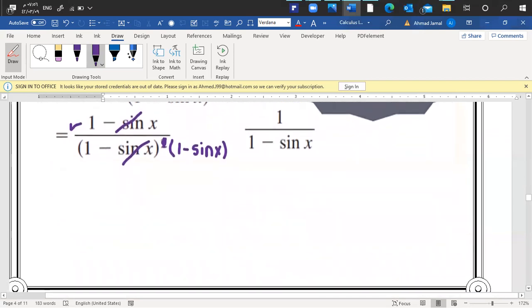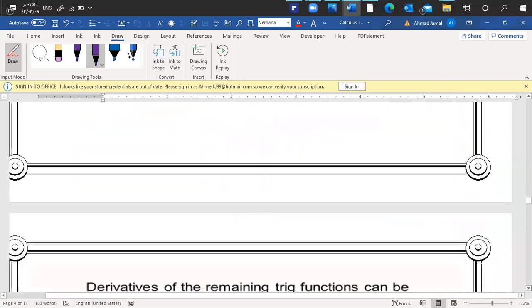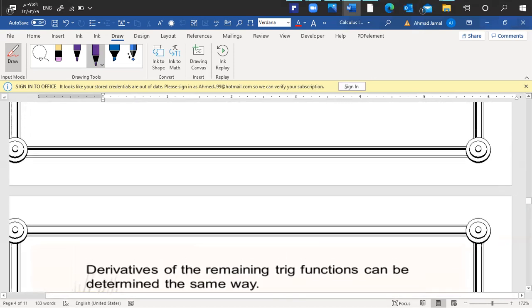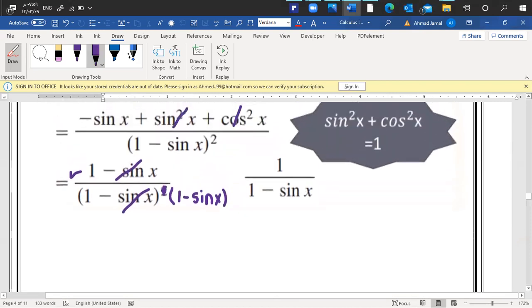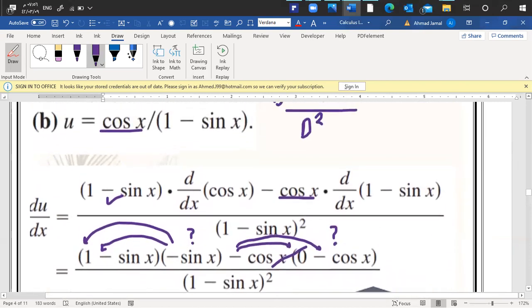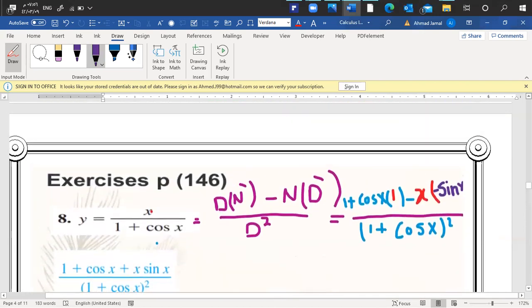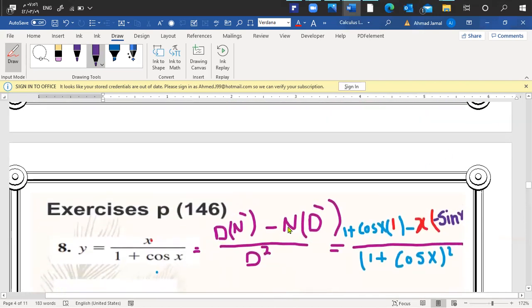So now I finish the first idea in lesson 3.5. What about the idea we studied before? We studied how to find the derivative: sine will be cosine and cosine will be negative sine, by using divide and multiply. If we have a divide, I have the important formula: denominator squared, denominator times derivative of numerator minus numerator times derivative of denominator.